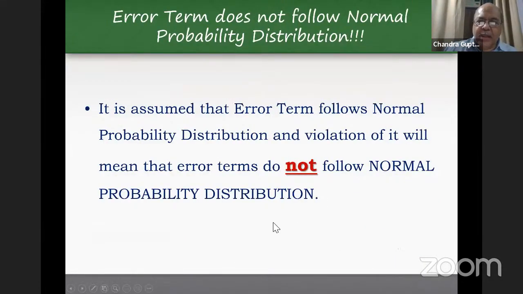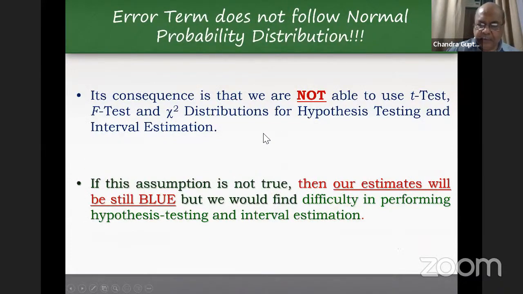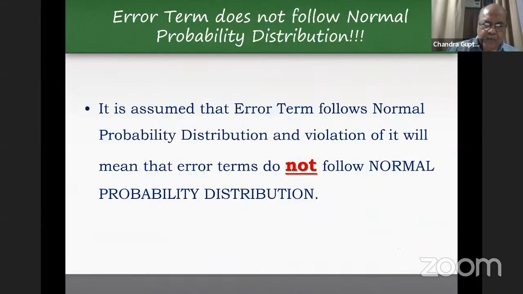We assume that the error term follows normal probability distribution, and violation of it will mean that the error term does not follow normal probability distribution.